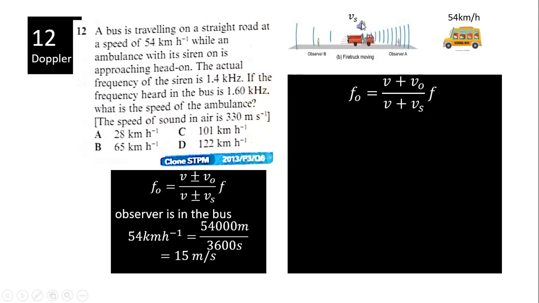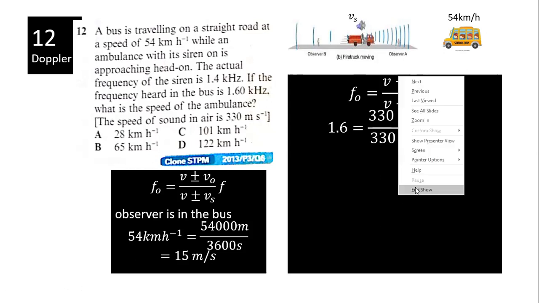The sound source and the direction of the speed is in the same direction. So put in your value. Sorry, it should be negative here, not positive, because both are in the same direction.